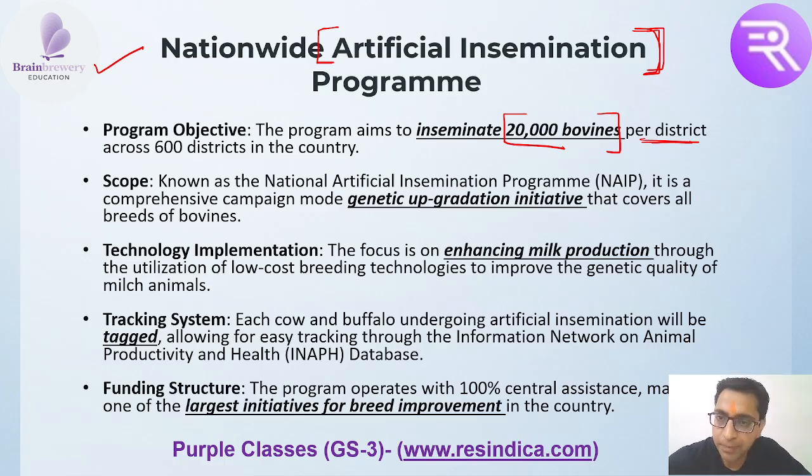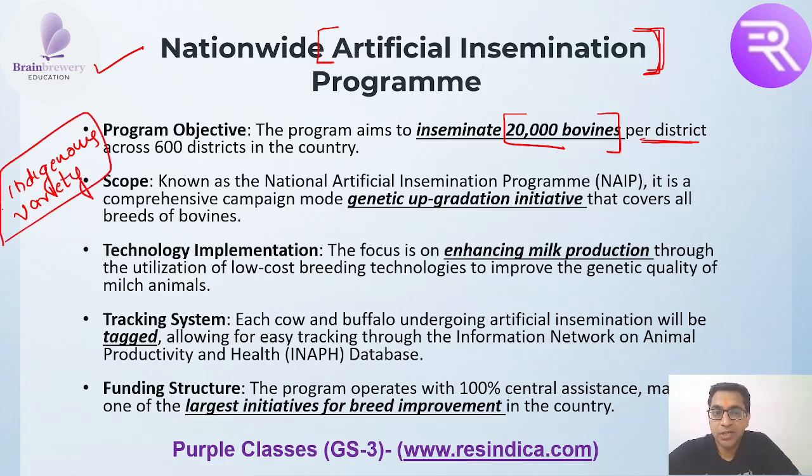The main purpose, as I have already told you, is that we want to increase the indigenous variety of cow. We want to develop the indigenous variety of cattle in our country. That is why we are focusing on artificial insemination.